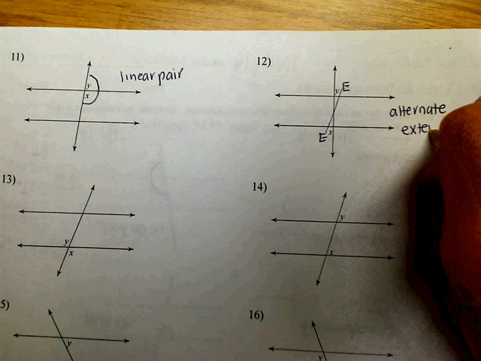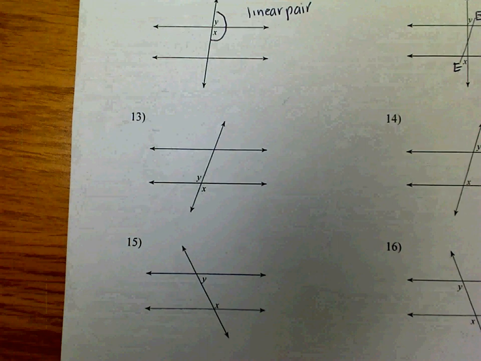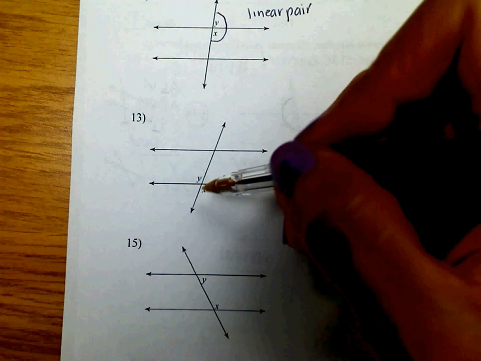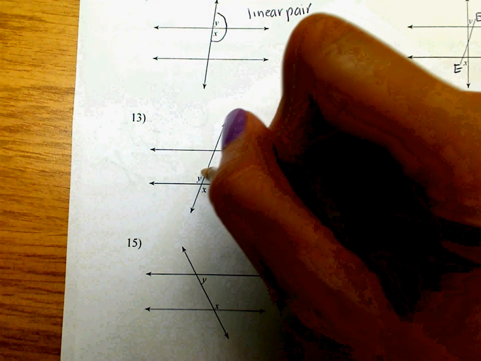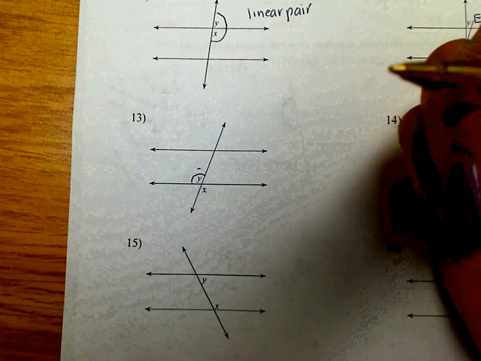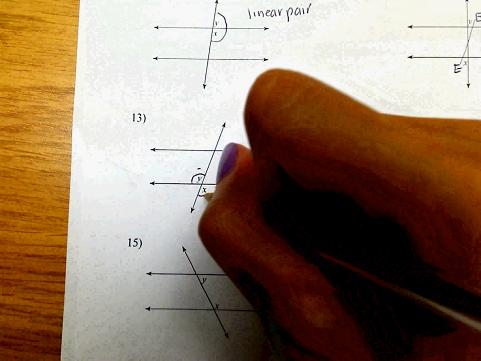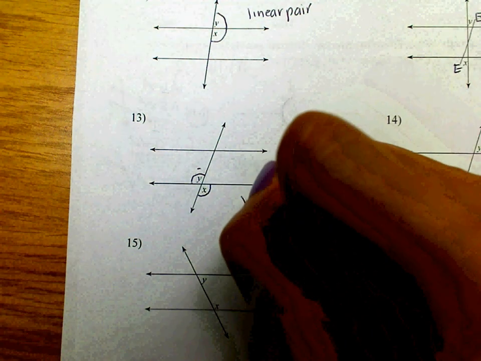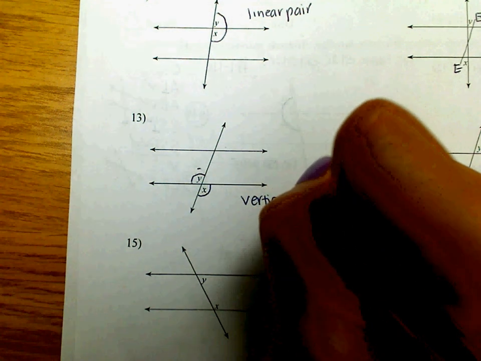Okay. Number 13. These don't jump from one parallel line to the next, so it's either going to be vertical or linear. So if I show the loop for that angle and the arc for this one, this is a bow tie. It's a vertical angle pair. Number 14.